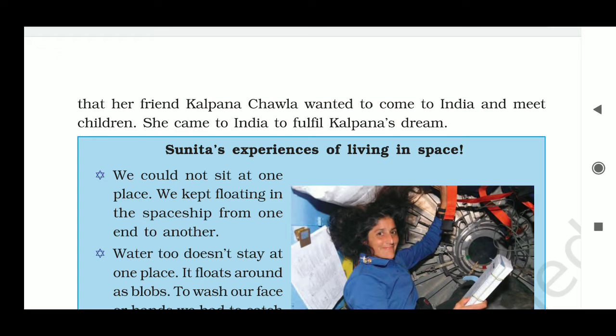Her first visit was in 1997, and her second visit was on 1st Feb 2003. 1st Feb 2003 is known as the Columbia disaster. So Sunita Williams is also mentioning Kalpana Chawla.